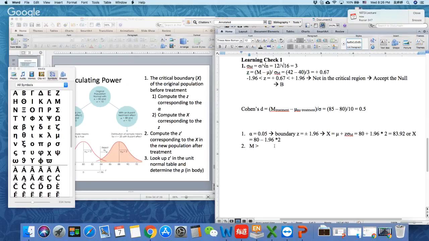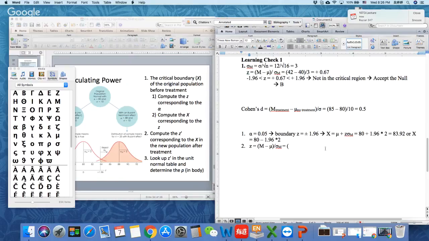It is z equals, right, (X minus mu) divided by sigma M after treatment, right?